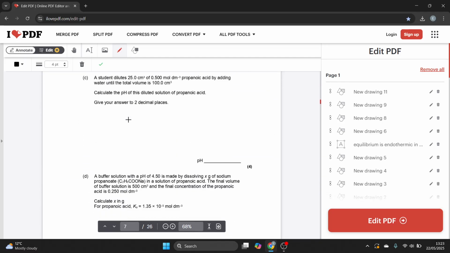Then it says, okay, now we're talking. A student dilutes this much propanoic acid until the total volume is 100 centimetres cubed. Calculate the pH of the dilute solution of propanoic acid. Give your answer to 2 decimal places.